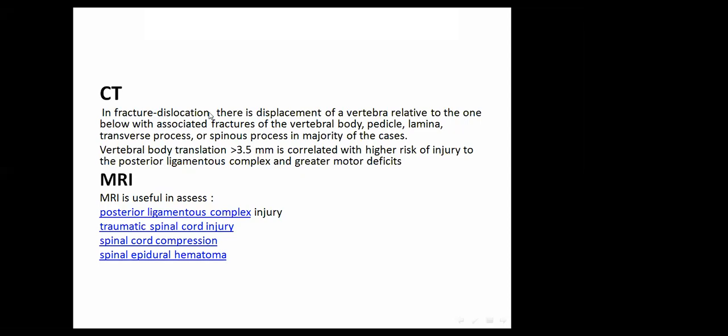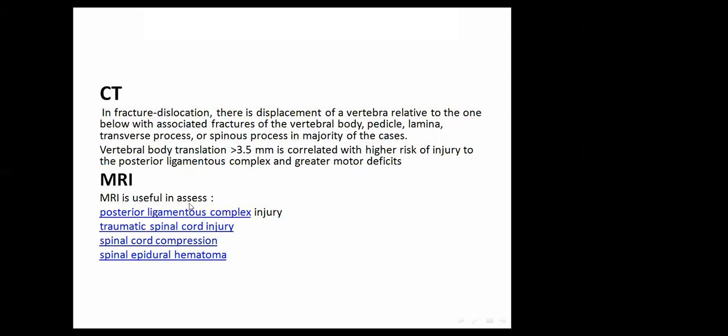In a fracture dislocation, there is displacement of a vertebra relative to the one below, with associated fractures of the vertebral body, vertebral lamina, transverse process or spinous process. In the majority of cases, vertebral body translation of more than 3.5 millimeters is correlated with higher risk of injury to the posterior ligamentous complex and greater motor deficits.